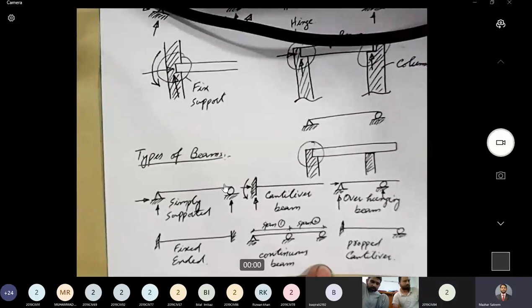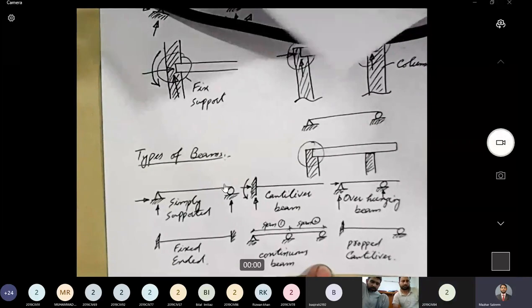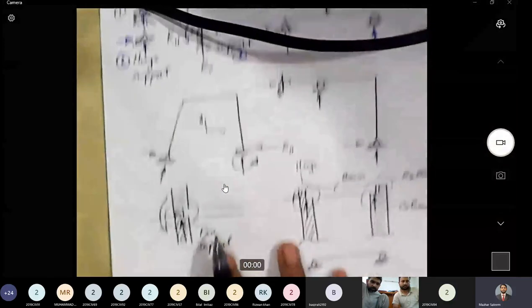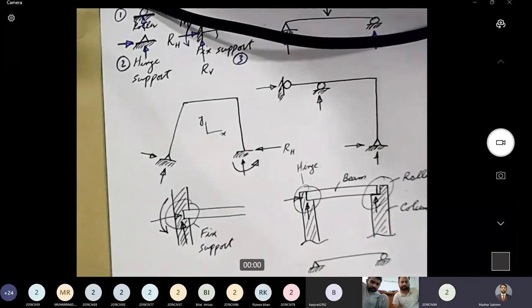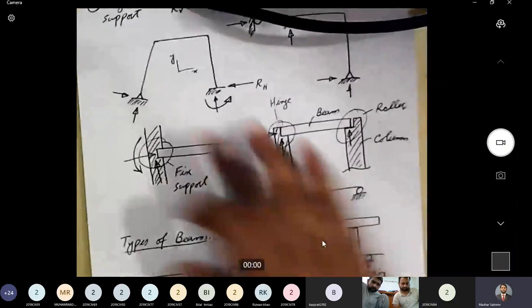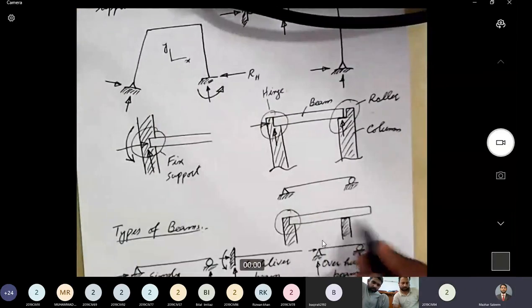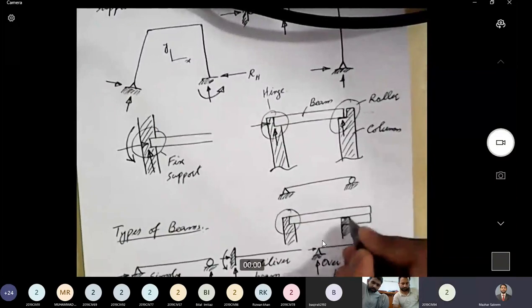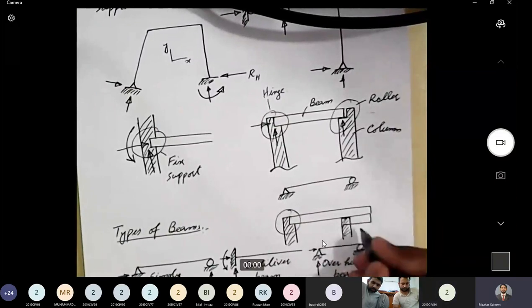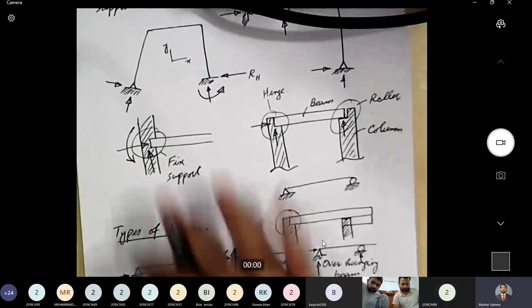Even when the shade of a building is a bit long, sometimes we have to provide beams underneath it. In this view, that beam will appear like this. So this beam is an example of a cantilever beam that is projecting out of a support.